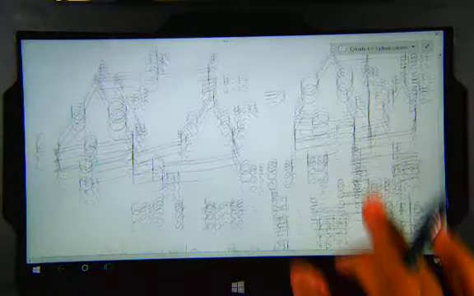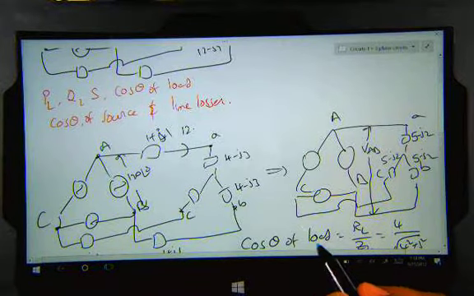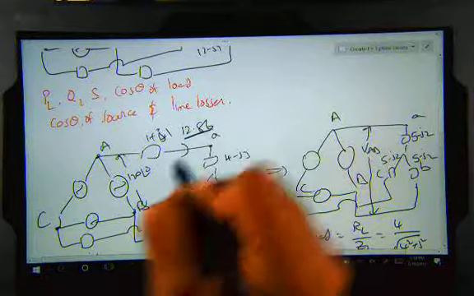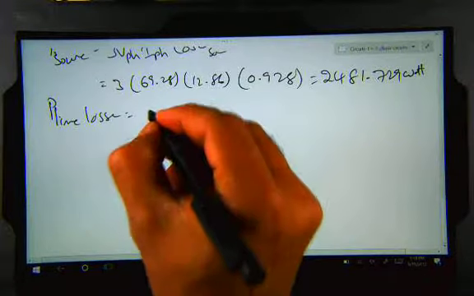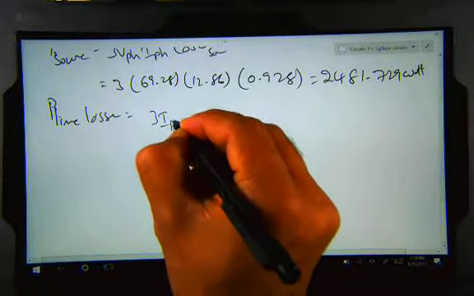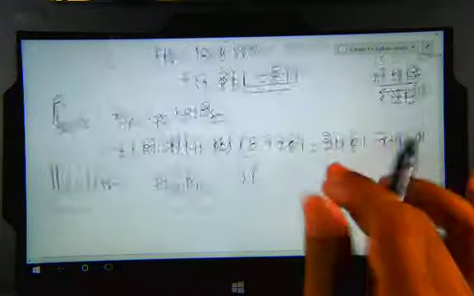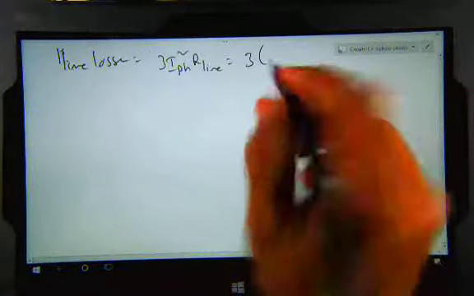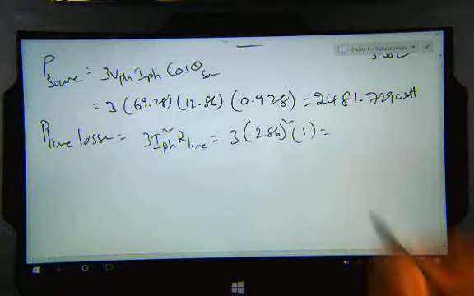And P line losses. If you look at the line losses, the current passing through this is 12.86. So the line current here is 12.86, and the line losses are 3 times IPH square times R line, which is 3 times 12.86 whole square times R line, which is 1.